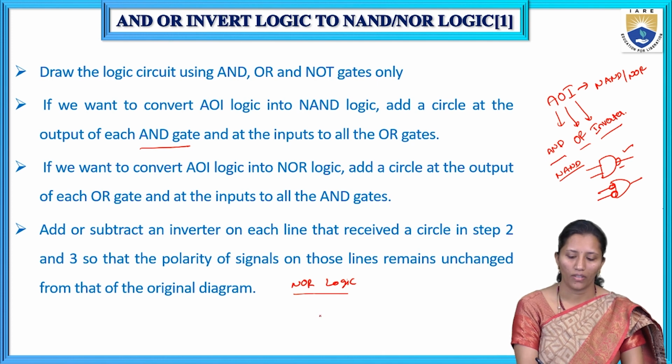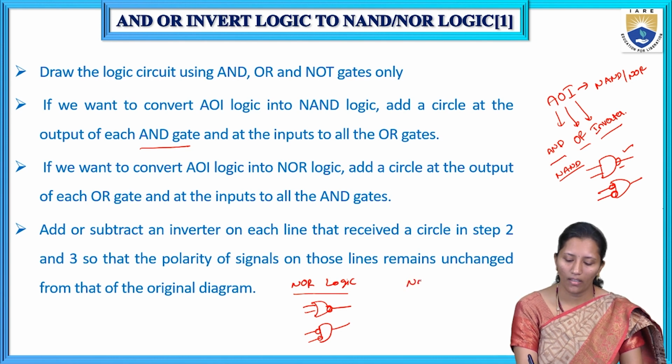In this, if we have the OR gate, we have to add a bubble at the output. If we have AND gates, we have to add a circle, that is nothing but a bubble, at the inputs of all the AND gates.